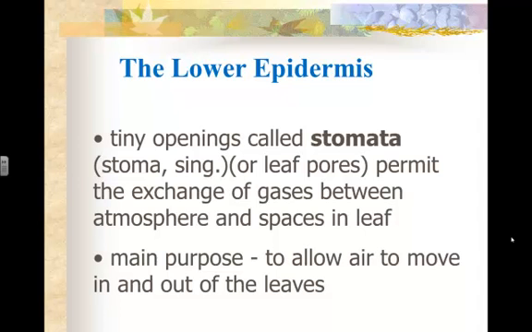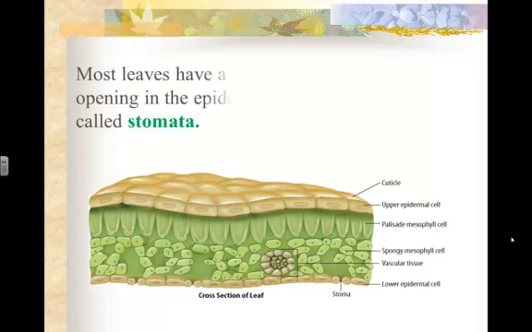And they're there because the plant has to get rid of the extra oxygen, but it also has to take in carbon dioxide. So these stomata are very important for the exchange of gases to take place between the atmosphere and the leaf cells inside. It also has another function, which is to release water, which is called transpiration. So the main purpose is to allow air to move in and out of the leaves.